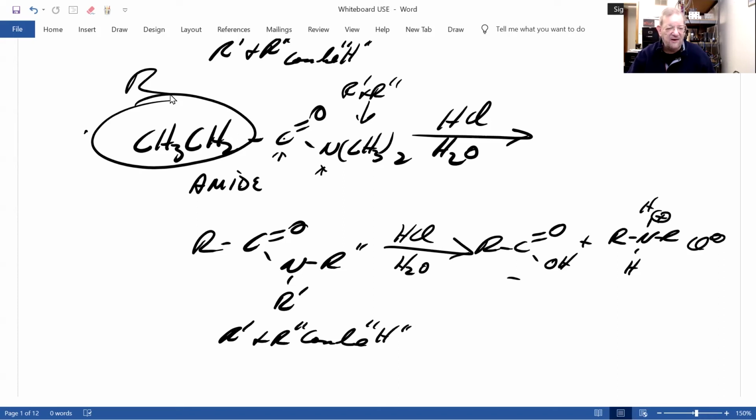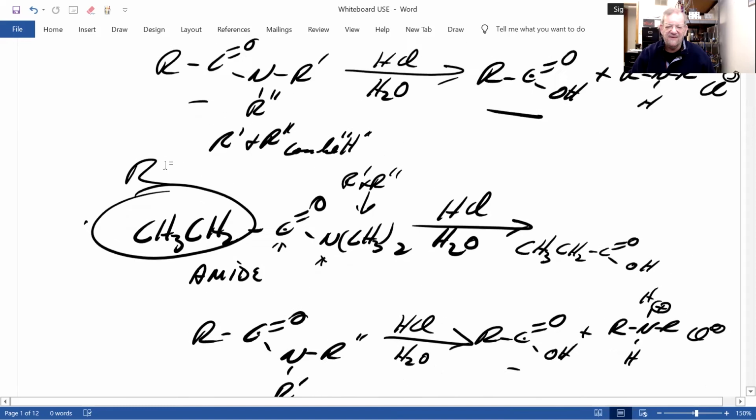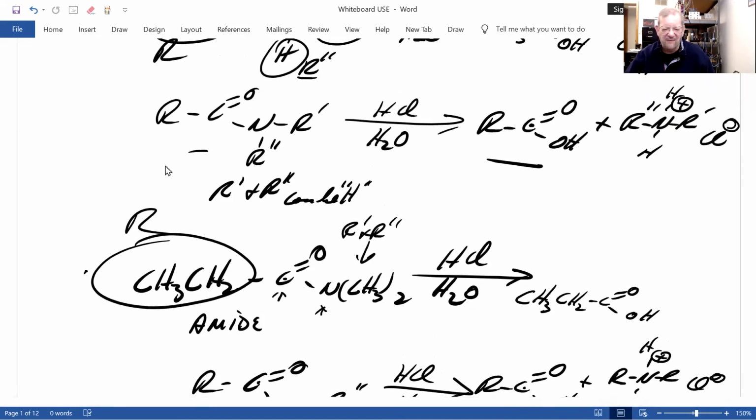So keep your eye on the carbonyl carbon. That's where the fun always is. And my R group is ethyl. And let's make a little room up here. My R prime and R double prime are methyl. And I can write it like this. And I add 2 more hydrogens to make an amine salt.